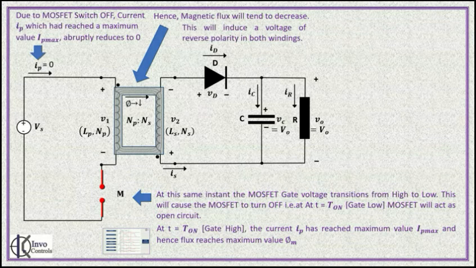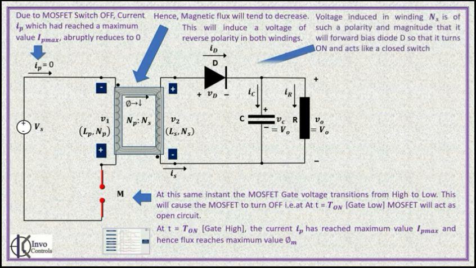Now, the flux is tending to decrease, and that is the reason why the voltage induced in both the windings will be of opposite polarity. This is as shown in your screens right now. You can see how the reverse polarity in both the windings look like.